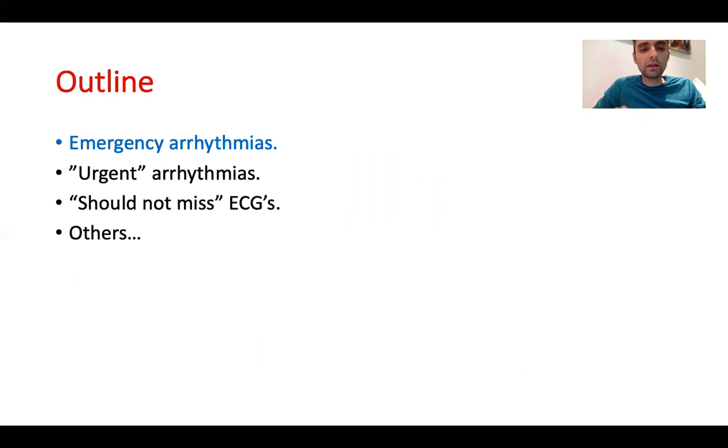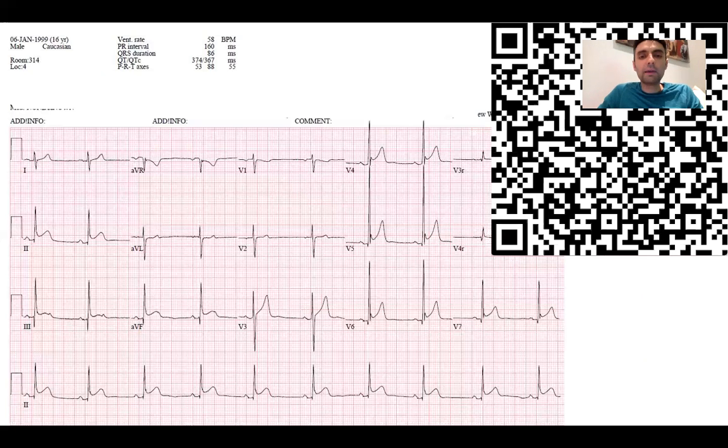Okay, so this is the first ECG, case number 1. This is a 16 years old. I will not say the history now, because if I said the history, it may give away the answer. So please spend a minute or two and answer the question. Let me know if there are technical issues.